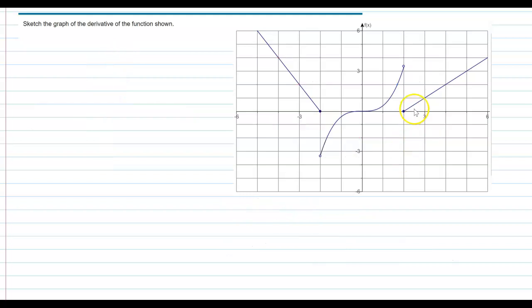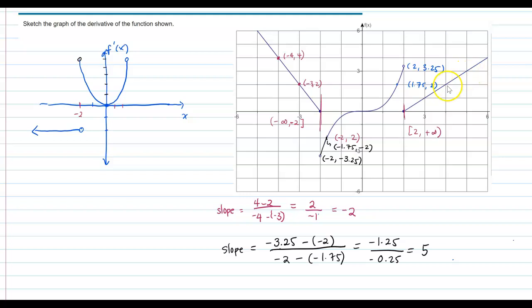Then lastly, let's get the slope of the line here to get the graph of the derivative on the interval 2 to positive infinity. So we do that by considering this point, 2, 0, and this point, 3, 1.